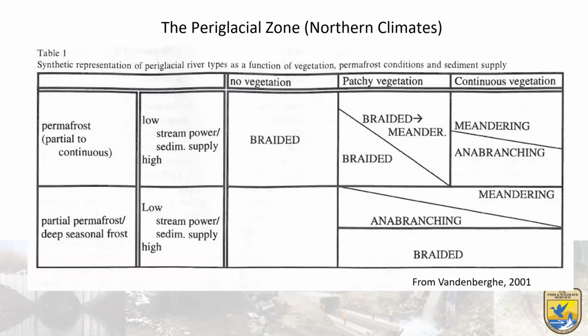Transition from off ice to the periglacial zone or the Arctic. I like this because it's one of the only geomorphic documents out there that talk about the Arctic, in terms of the larger rivers, the periglacial river systems. But you can see here that it's braided, and branching.